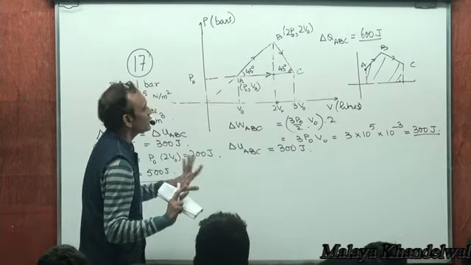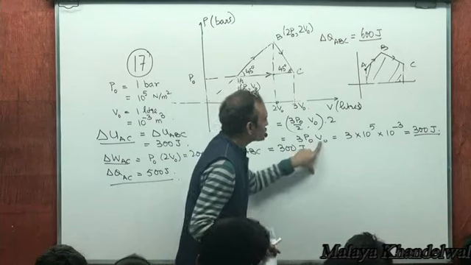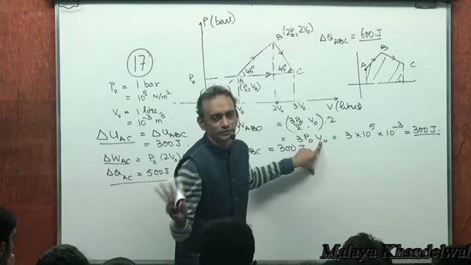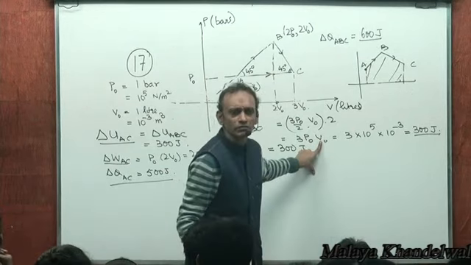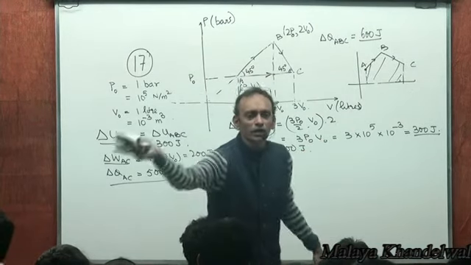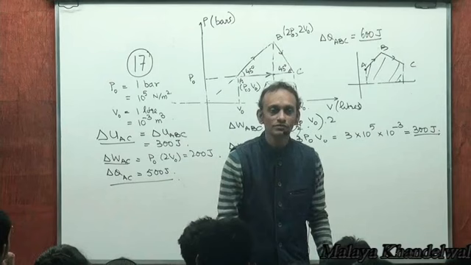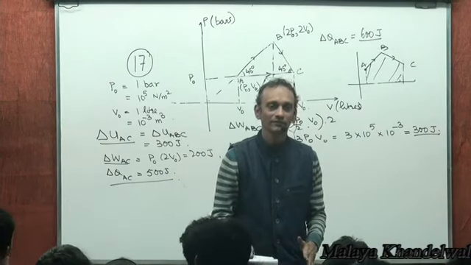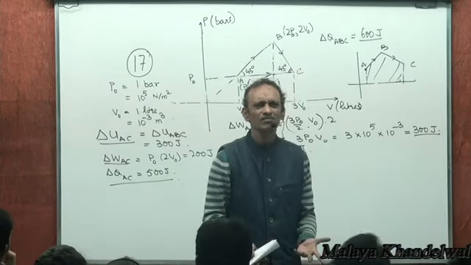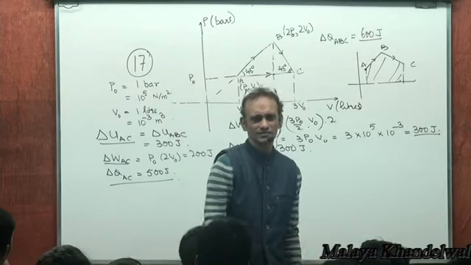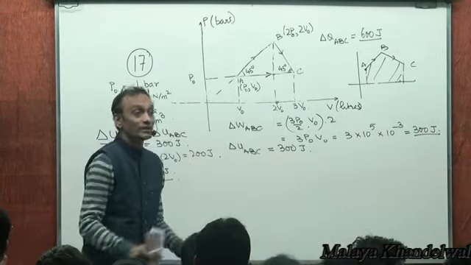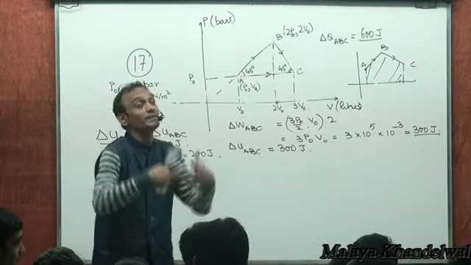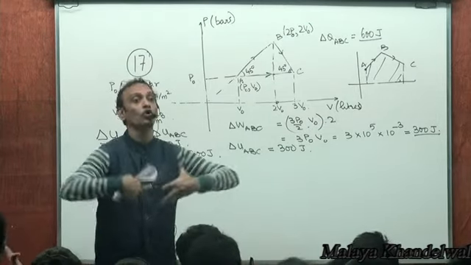What I could have done is write P naught, V naught in bar liter, write everything in bar liter, and then convert bar liter into joules. The looks won't change, it'll only get scaled up. It'll be similar, not congruent. You'll get a similar figure, not a congruent figure.